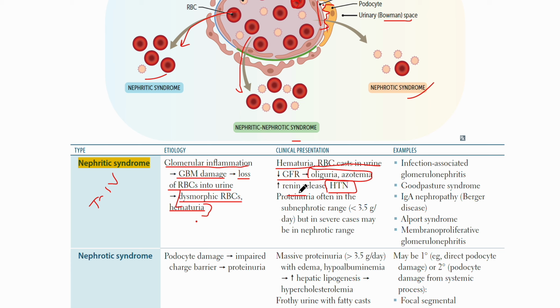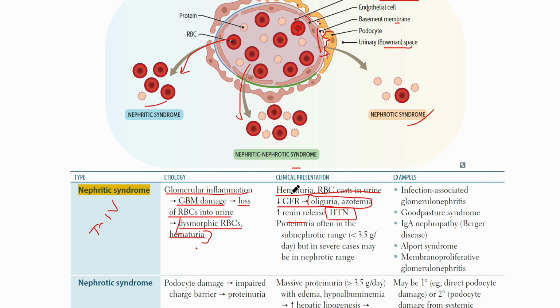So basically, renin release increases because there is oliguria, right? There is a decrease in filtration, decrease in urine output, and the juxtaglomerular cells will sense this, and that will increase the release of renin, and renin will increase the conversion of angiotensinogen to angiotensin 2 and aldosterone, that will lead ultimately to hypertension.